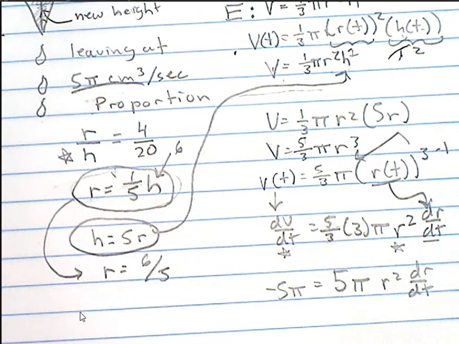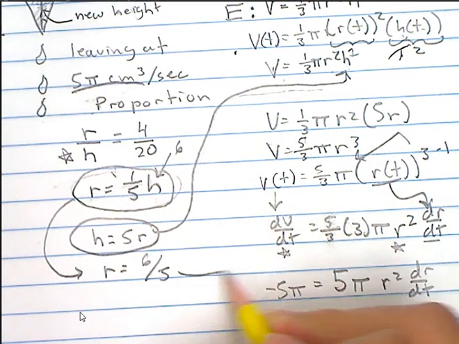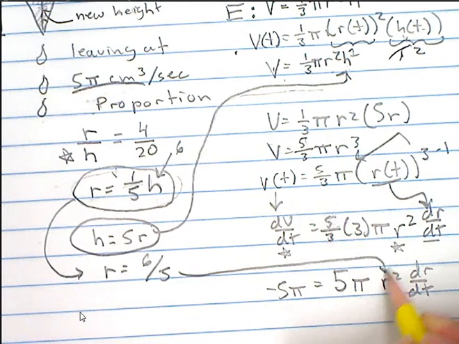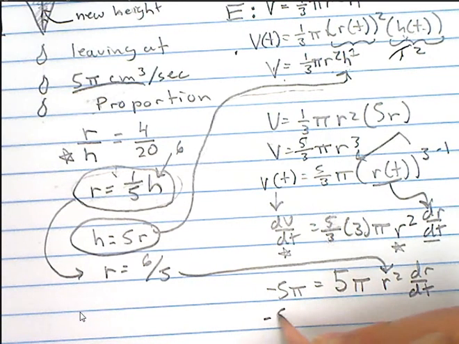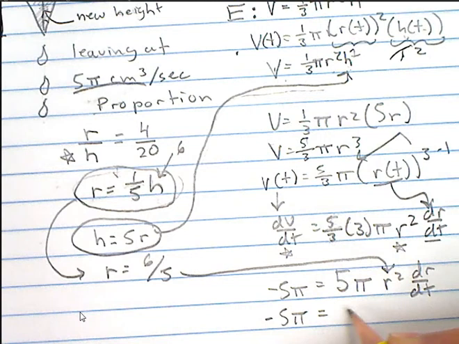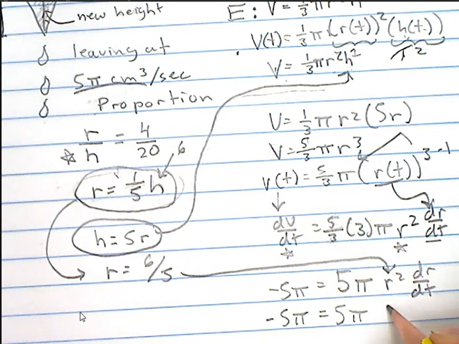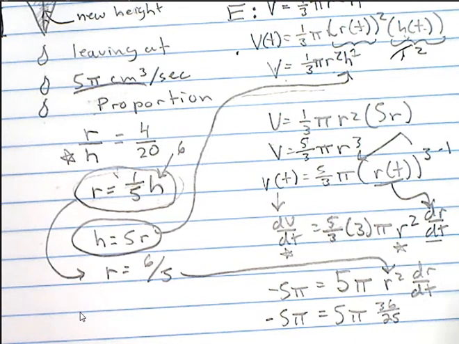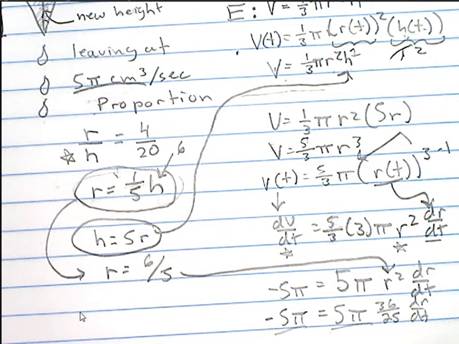Now that's going to give me negative 5 pi equals 5 pi, 6 over 5 squared is 36 over 25, times dr dt. I'm going to divide this out. That's just going to give me negative 1.